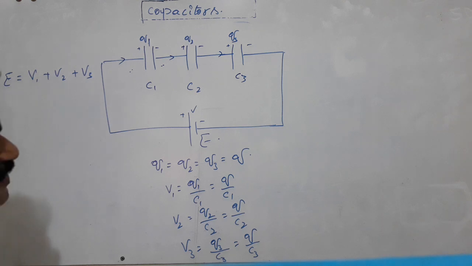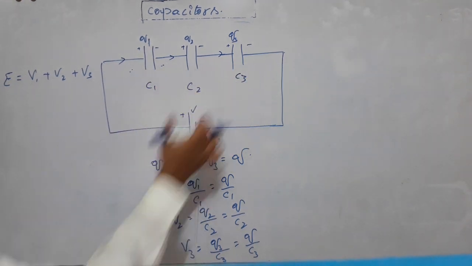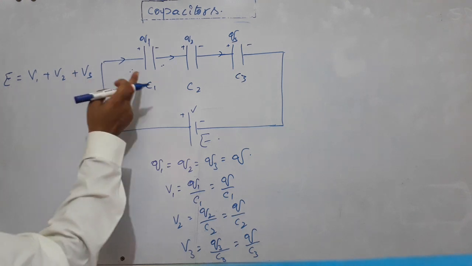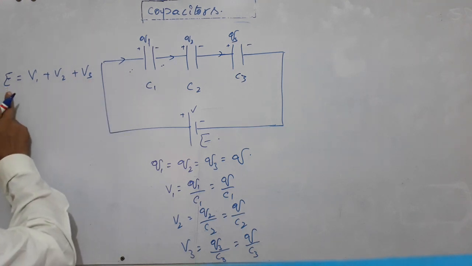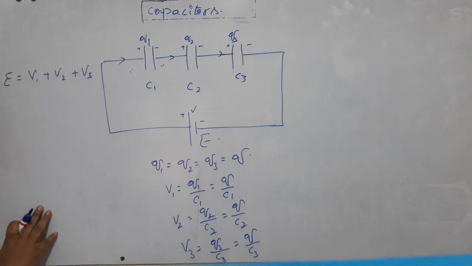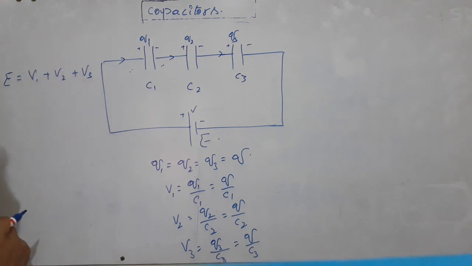The algebraic sum of EMFs and potential differences across the cells and across the capacitors is 0. That means according to KVL, delta E plus delta V is equal to 0. Therefore, E is equal to V1 plus V2 plus V3.